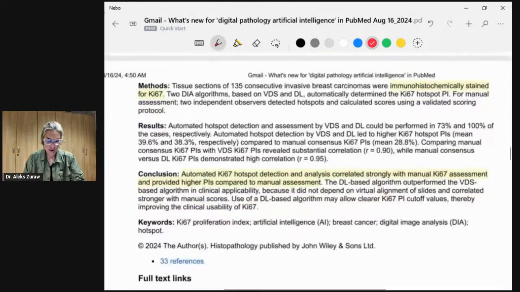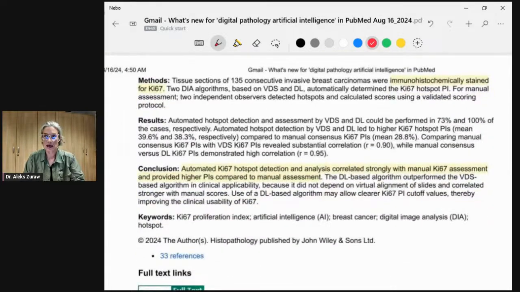And manual, as far as I know, you have to count like 500, and MD pathologists, please chime in, 500 cells, and then you calculate the index. The positive and negative cells you count, that's how you get the index, and they have to be in the tumor tissue. Obviously we are staining immunohistochemically for Ki-67. This is a proliferative marker.